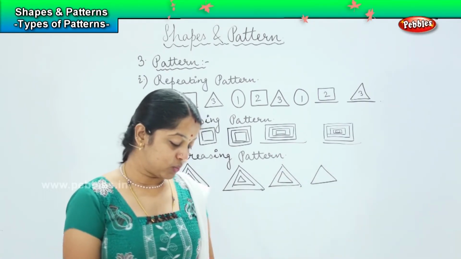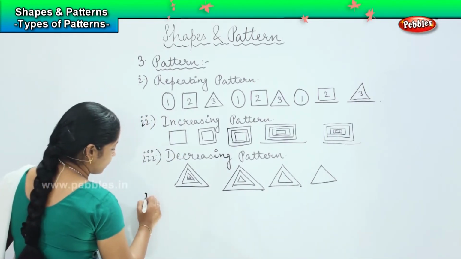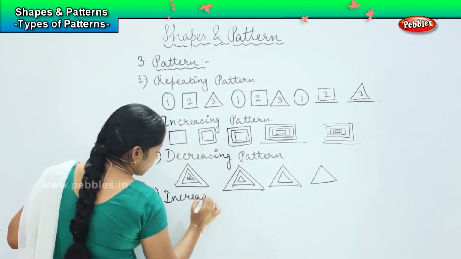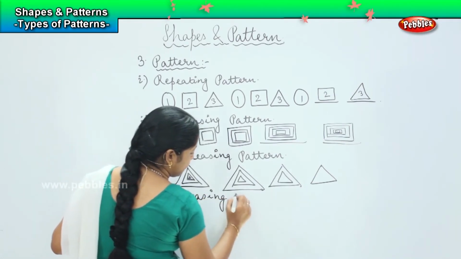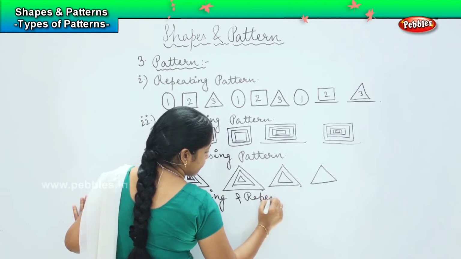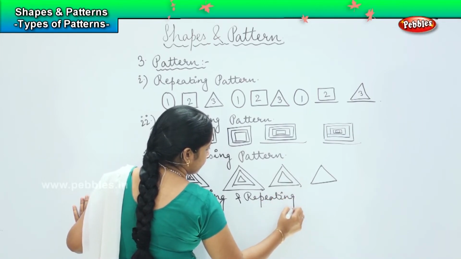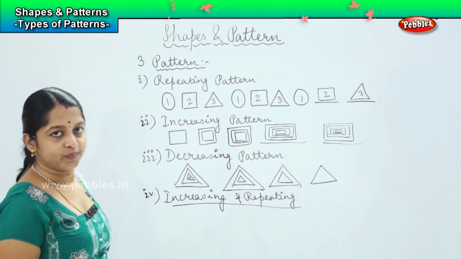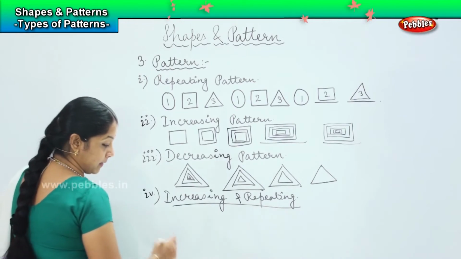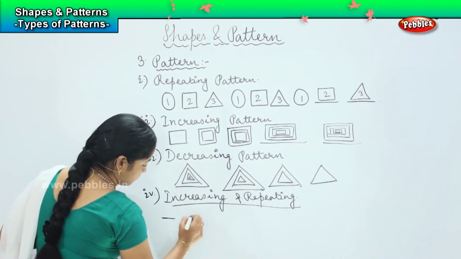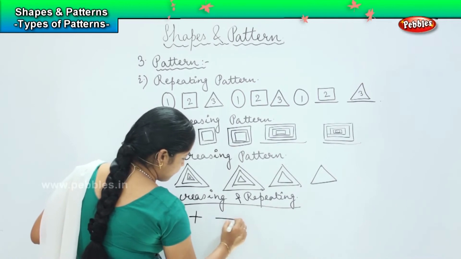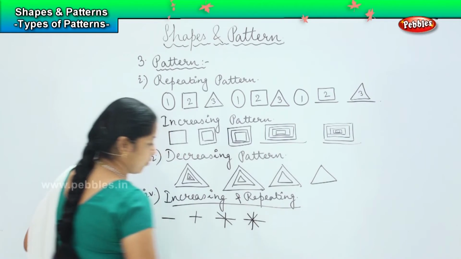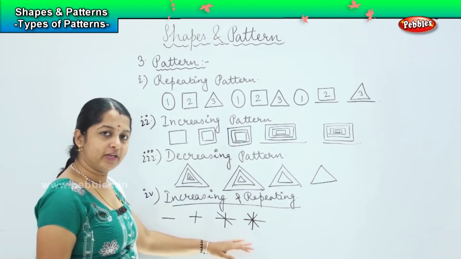Clear? The next one which we will be seeing here is increasing and repeating. Okay. So, here it is a combination of 1 and 2. Okay. Say for example, this 1, 2, 3, 4. So, here it is an example of increasing.